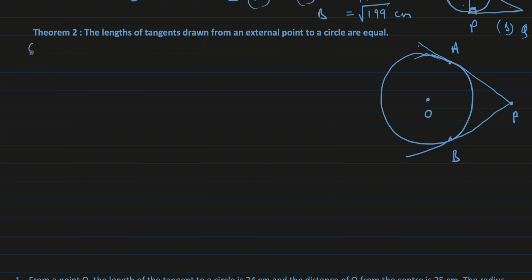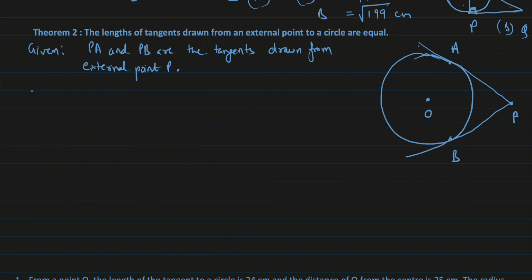Okay. So what will I write given as? Given PA and PB are the tangents drawn from external point P. What do you have to prove? You have to prove that PA equals to PB.